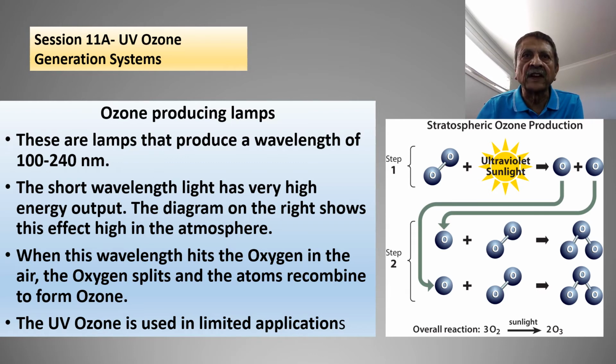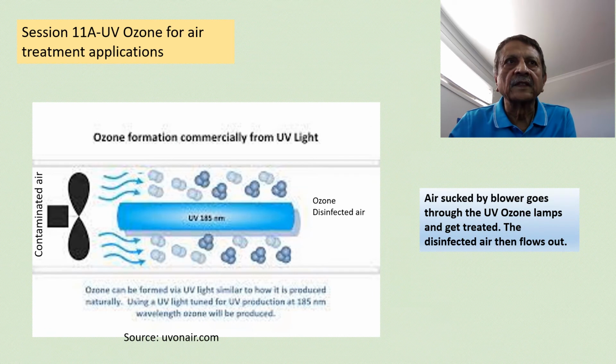Likewise, when this wavelength hits the oxygen in the air, the oxygen splits, and the atoms recombine to form ozone in our UV ozone generation systems. UV ozone is also used in limited applications. This diagram shows equipment that produces ozone through UV.